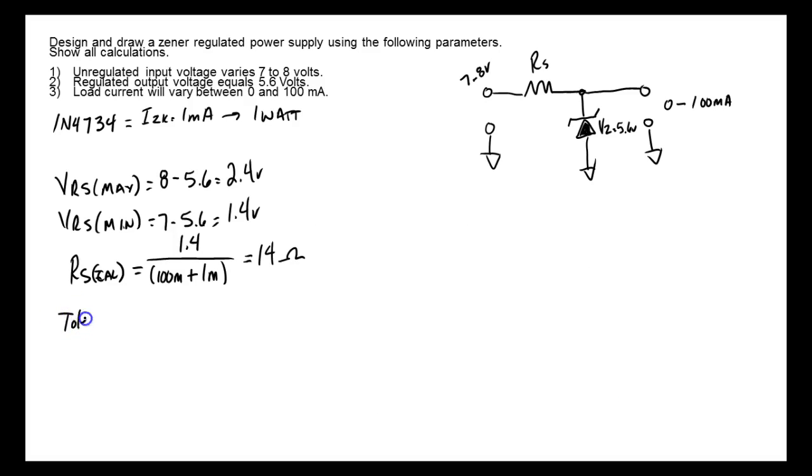So we'll check our tolerance, make sure. 13 times 1.05, and that gives us what? 13.65. So it looks like it'd be okay to use that, right?